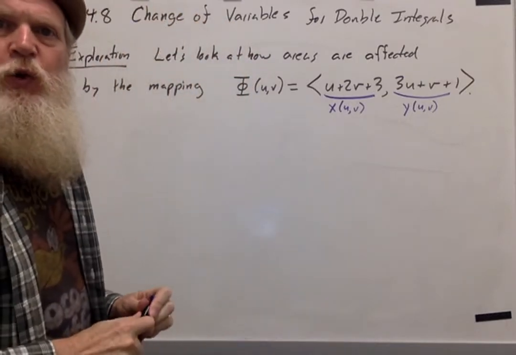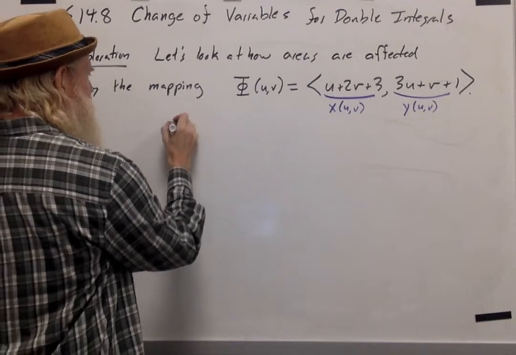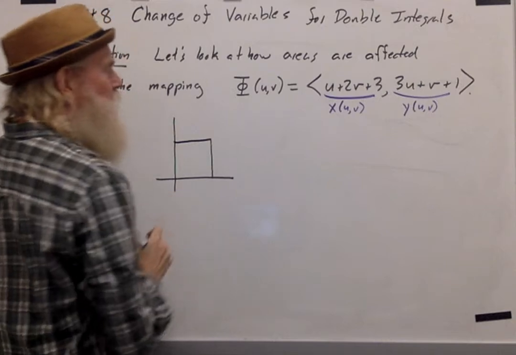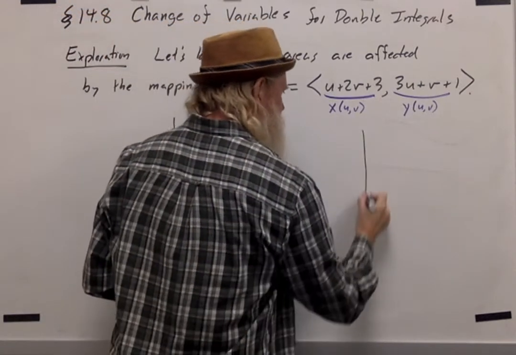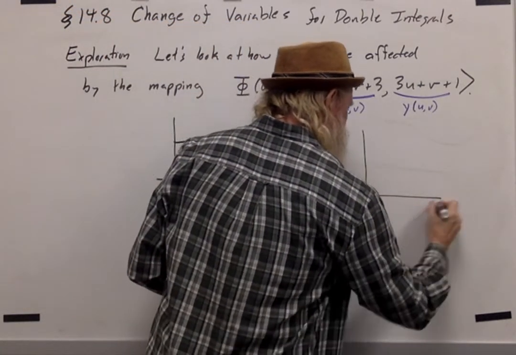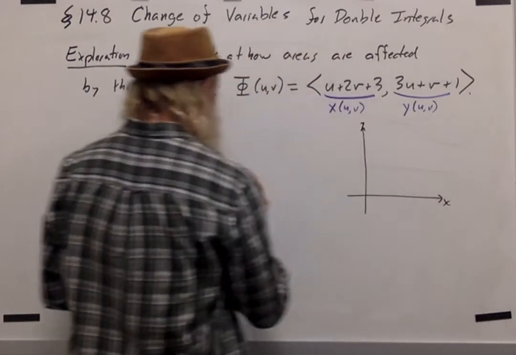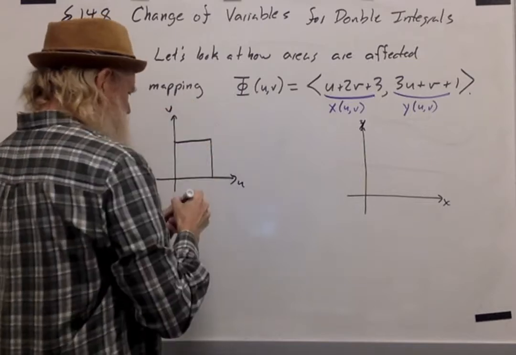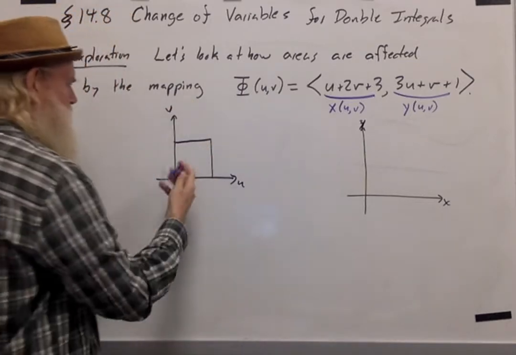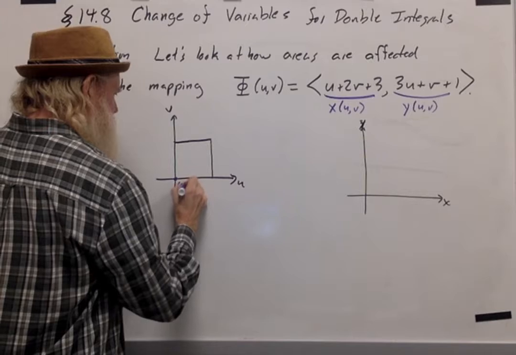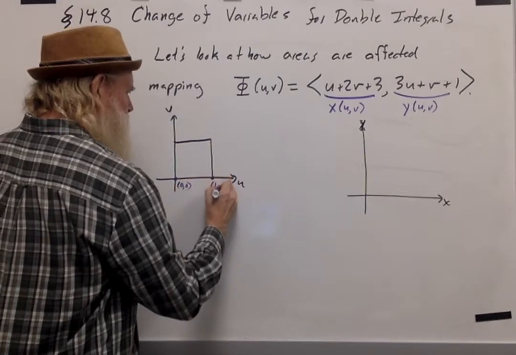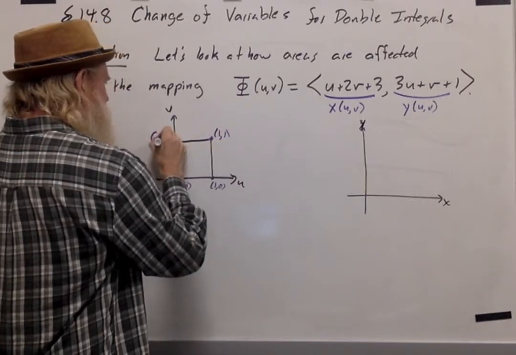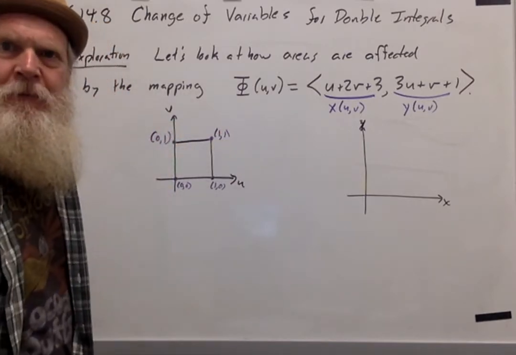Let's see where the unit square in the UV plane gets sent over in the XY plane. So the unit square in the UV plane has coordinates 0, 0, 1, 0, 1, 1, and 0, 1.